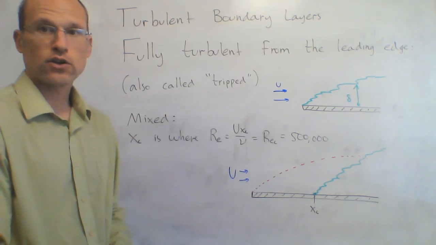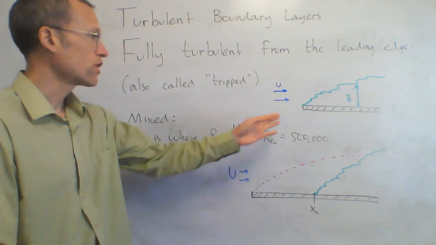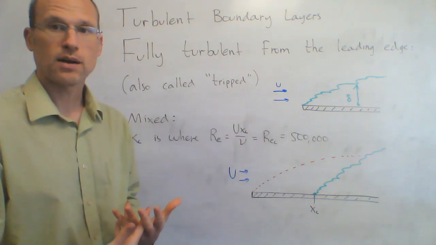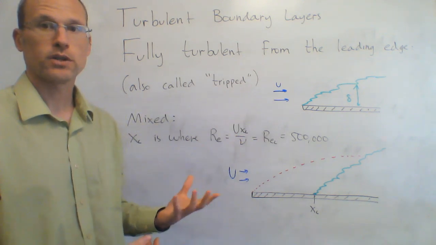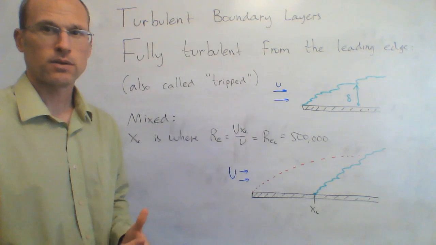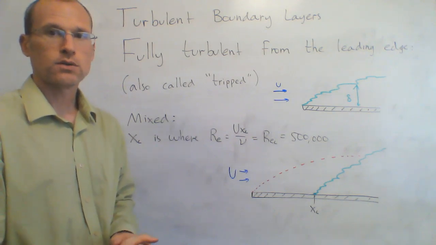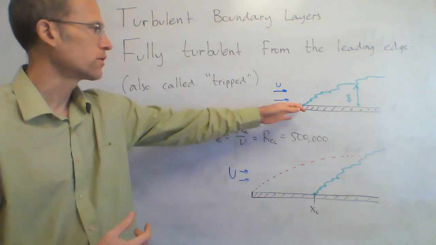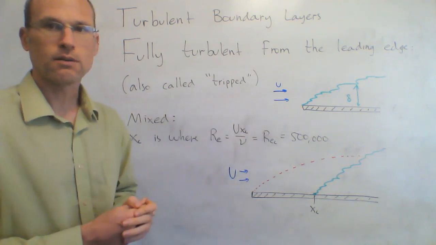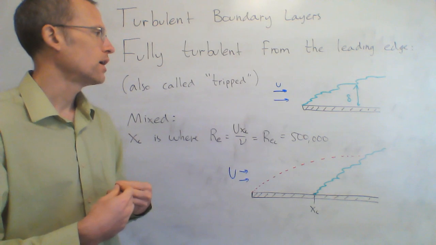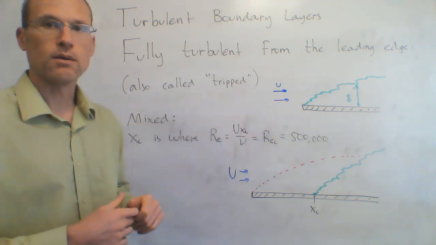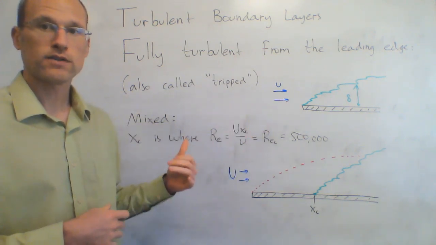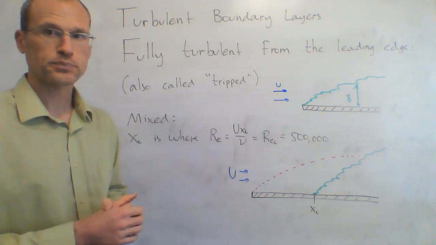If I have a boundary layer that's fully turbulent from the leading edge, right at the very beginning, I don't have any laminar boundary layer, it is purely turbulent. That's also called tripped. So again, you can do stuff to make this happen. You can put little things on your plate. You can make the flow be turbulent even from the very beginning. In that situation, all the previous equations are perfectly valid.